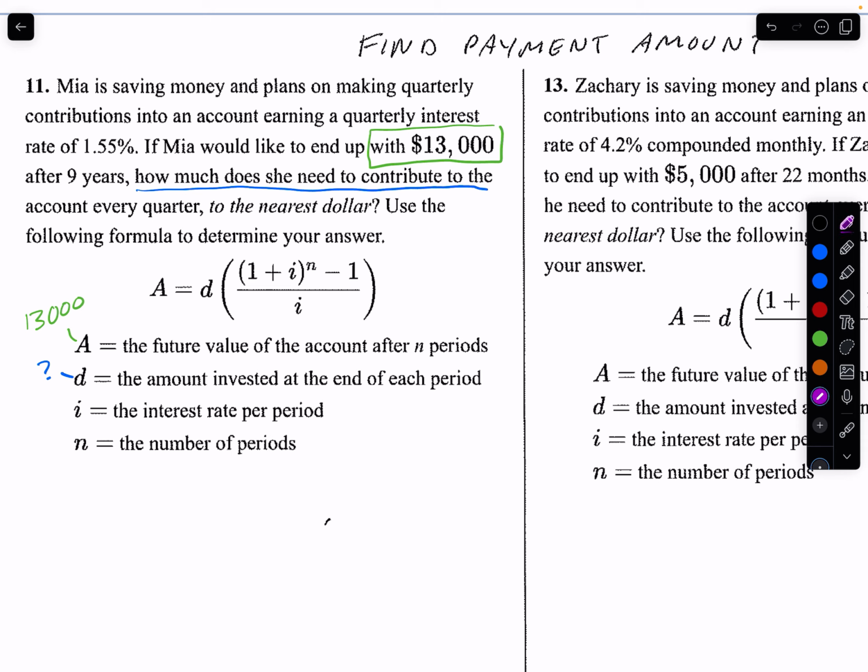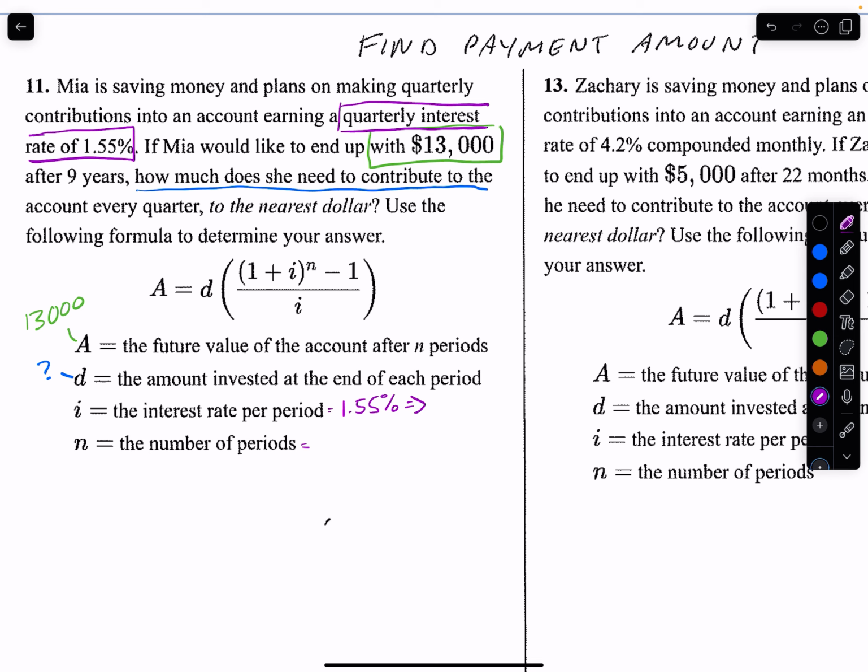Okay, so if we look through carefully here, we have to read very carefully. We need to look at the interest rate per period, and we also need to look at the number of periods. What's nice about this one, it says she earns a quarterly interest rate of 1.55%. So it tells you that it's quarterly already.